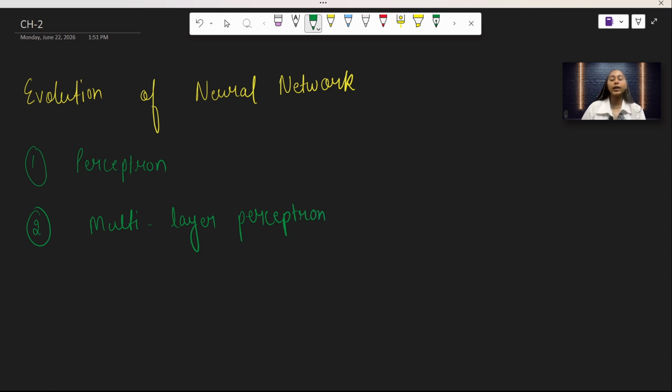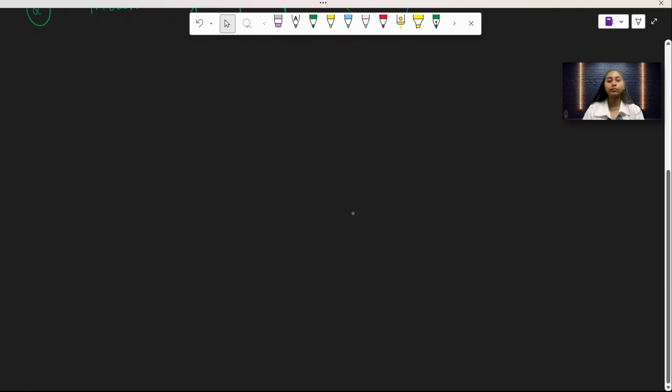Even just by looking at the names, you will get the idea: in the first we have only a single perceptron, and in the second we have multiple layers because multiple perceptrons are present in the system. So we have two types of neural network, or we can say two types of structure, and it is majorly known as MLP. Okay, so let's discuss it one by one.